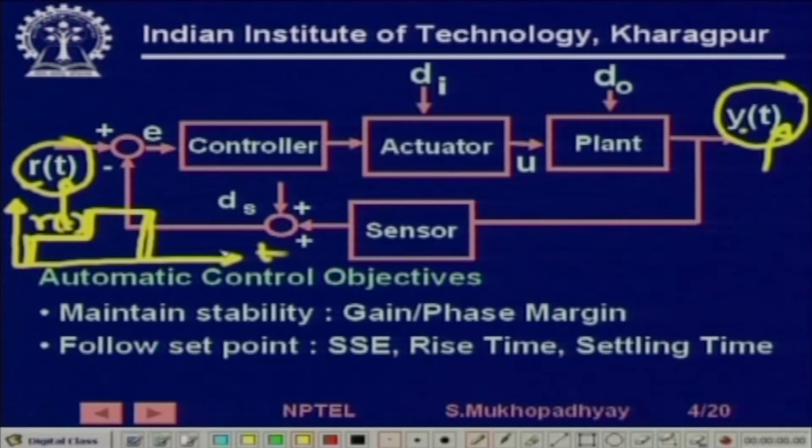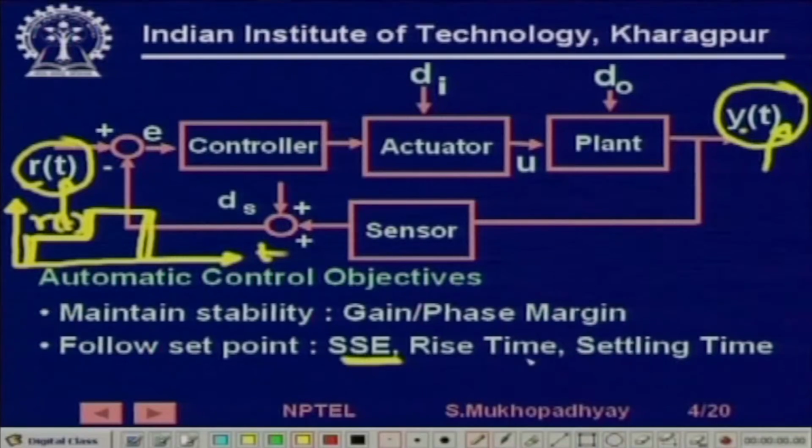With respect to this kind of set points, to express the degree of accuracy with which y can be close to r, we express various quantities like the steady state error, rise time, settling time, etc. We will have a more detailed look at these. So, this is the second basic important point: follow the set point.